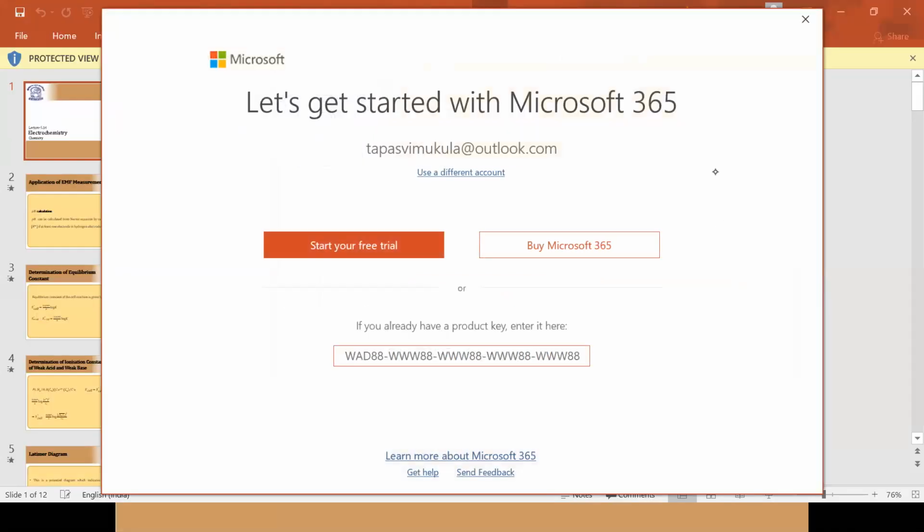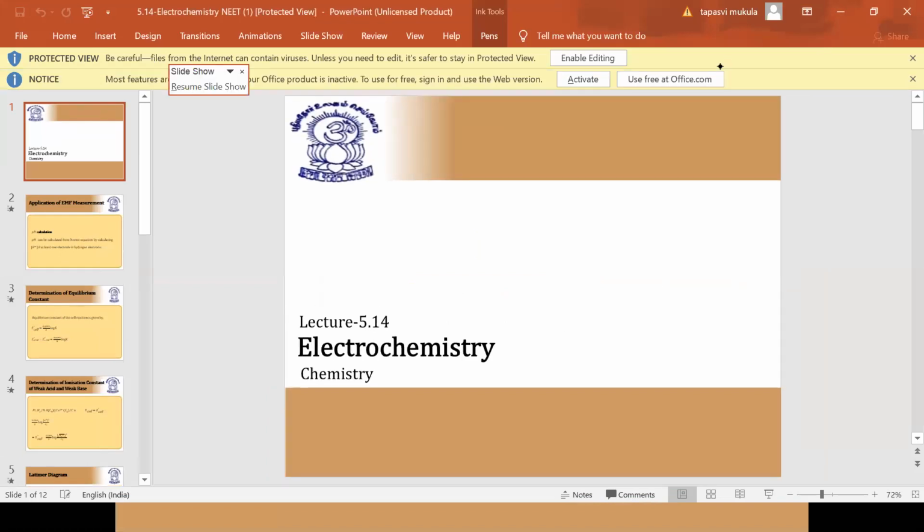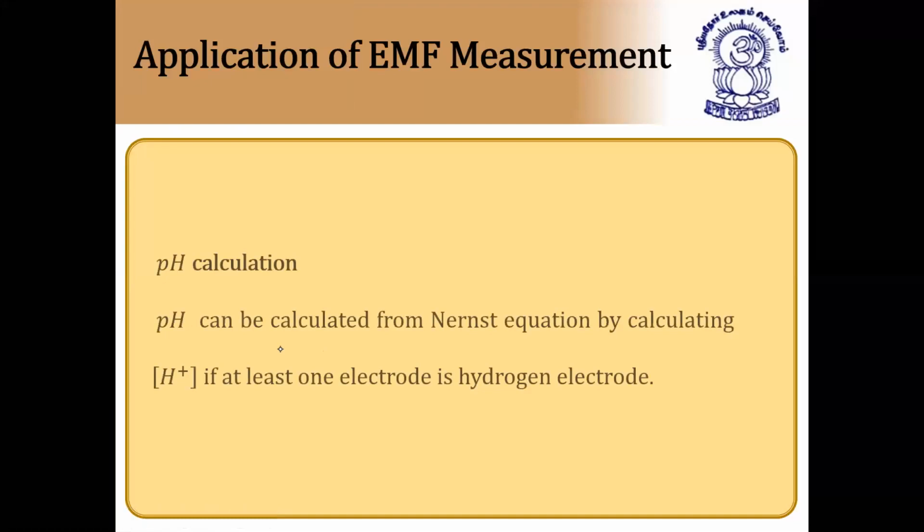Next topic in this chapter, very, very important. Application of EMF measurement. By using EMF, we can even calculate pH also. That we also discussed. pH can be calculated from the Nernst equation by calculating H plus concentration if at least one electrode is a hydrogen electrode. So out of the 2 electrodes, if one electrode is hydrogen, we can calculate H plus from that.